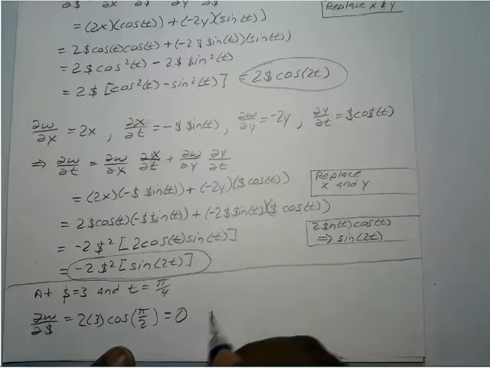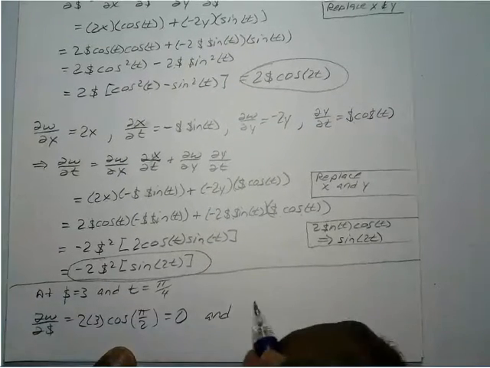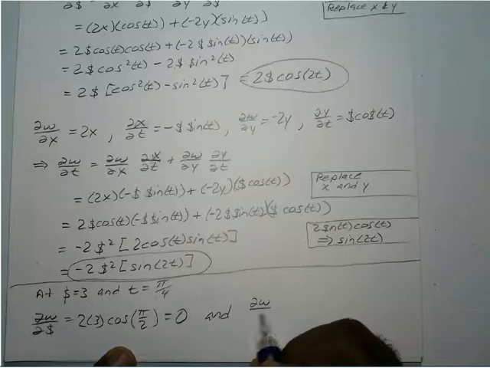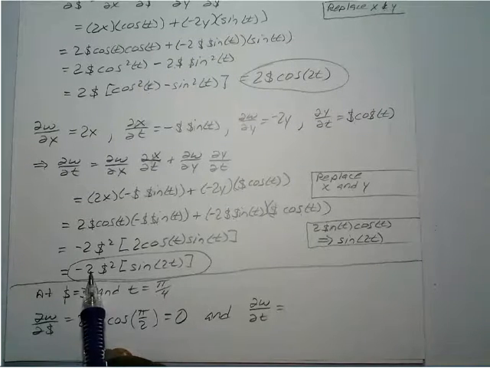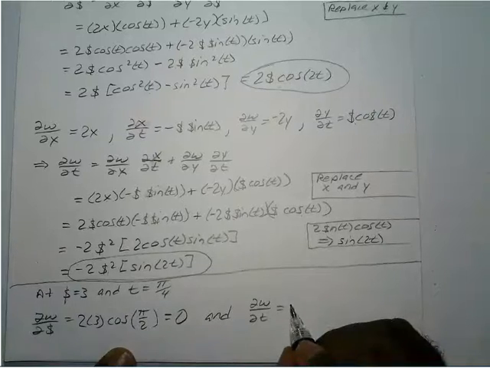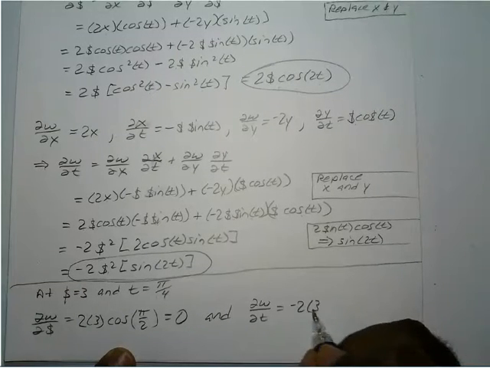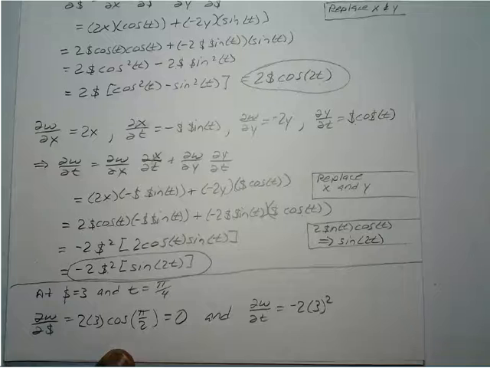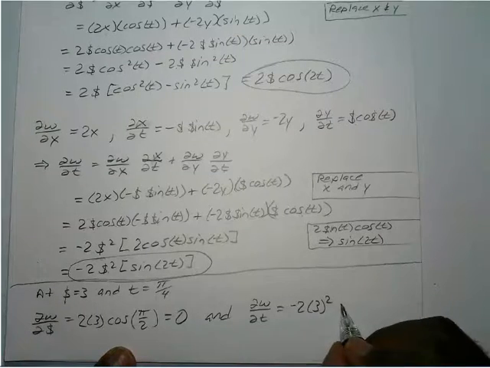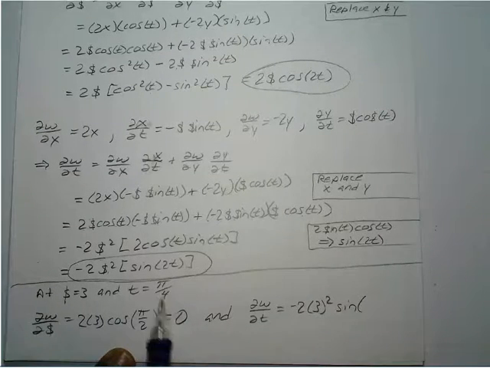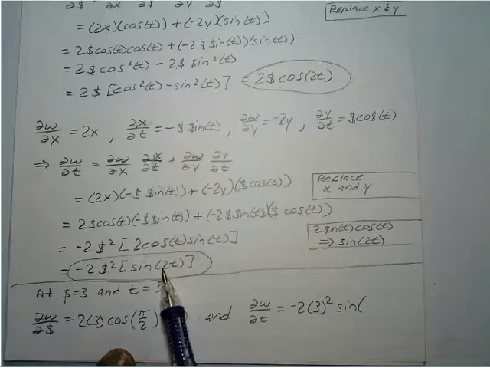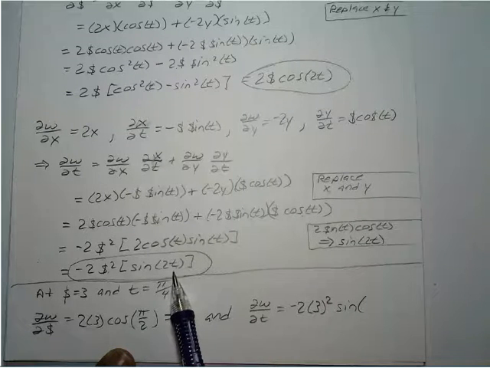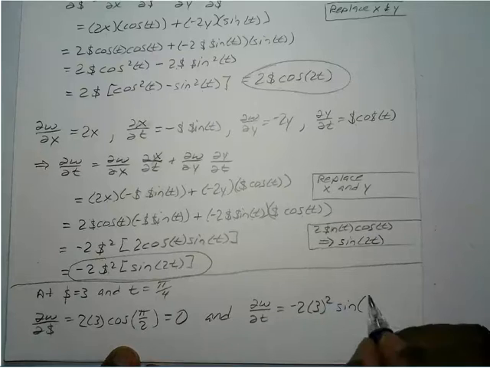Okay, and partial of w with respect to t is equal to negative 2 times s squared sine of 2t. So you have negative 2 times 3 squared times sine. Remember, you have 2 times pi over 4, so we have 2 pi over 4, which simplifies to pi over 2.